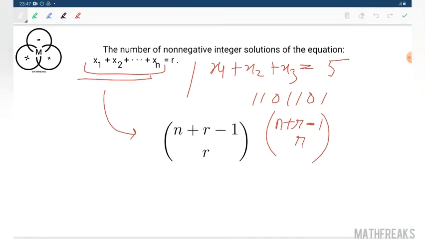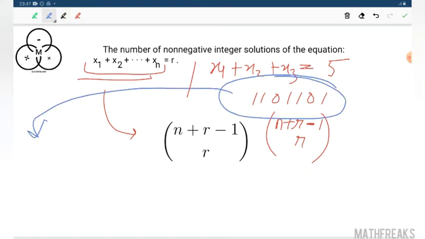Because this binary arrangement can also be rearranged simply as 0 1 1 1 0 1 1.